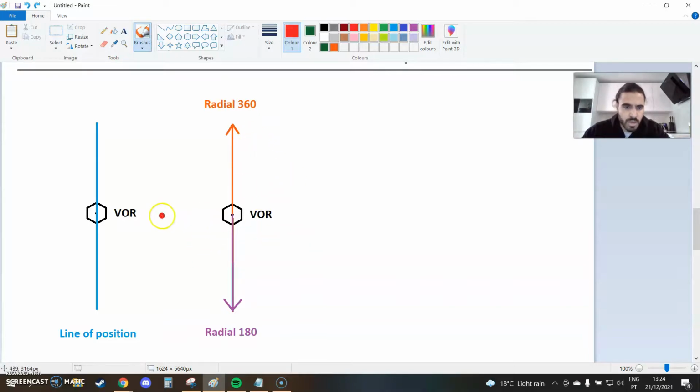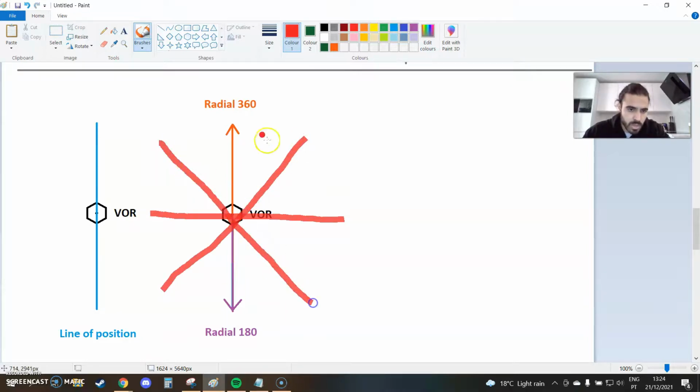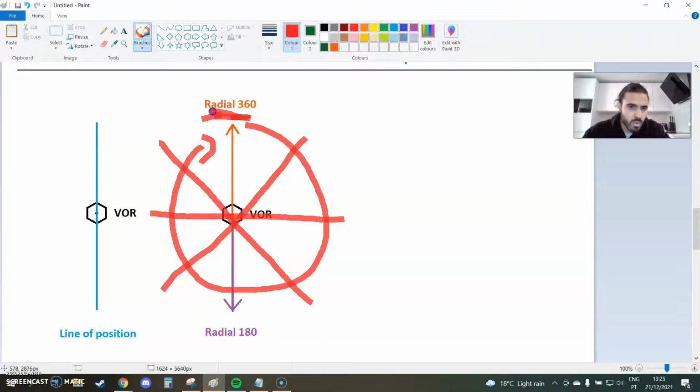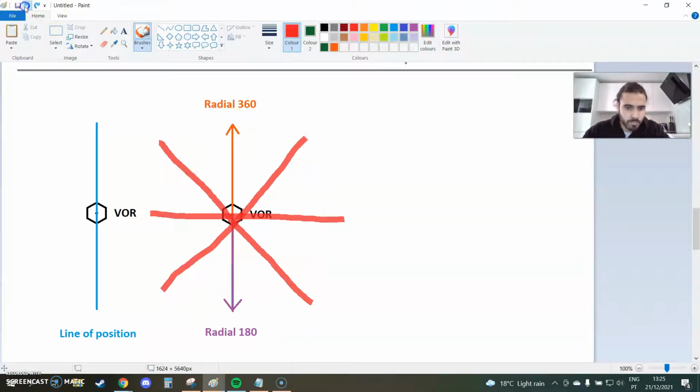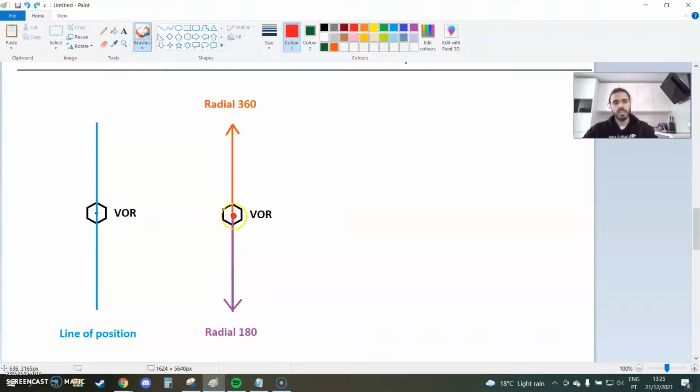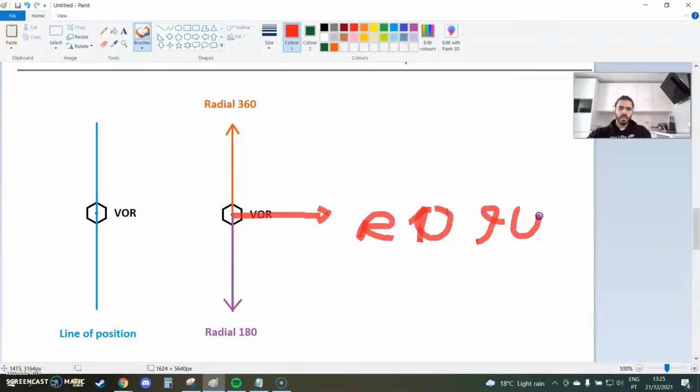So you have a whole bunch of radials, 360 radials. That's the radial that radiates to 360. It's called radial 360. The line of position that goes to 090 is called radial 090. The line of position that goes to 270 is called radial 270, and so on, right?